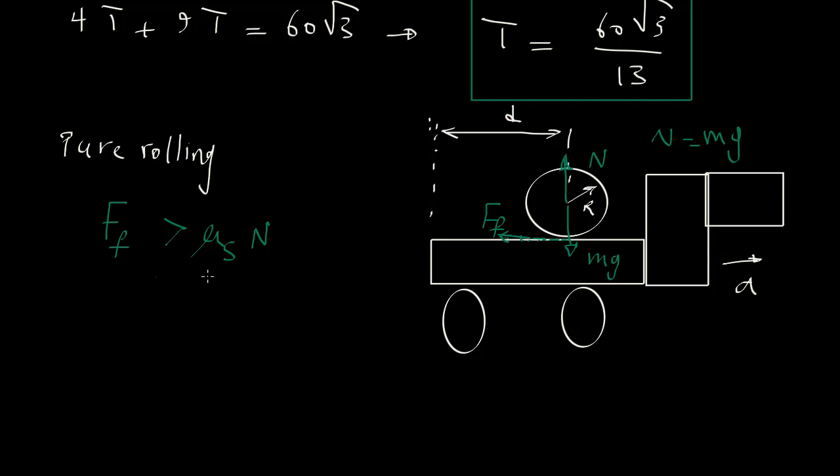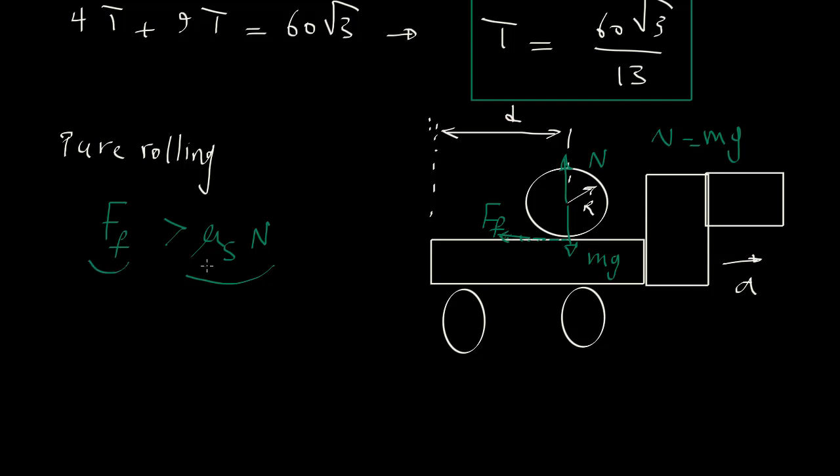And if the value of the friction force is larger than this, that means that we don't have pure rolling, and the disk is actually slipping while rotating on this surface. So this is a key parameter. This is how we figure out if we have pure rolling or not. We assume that we have pure rolling, we solve the problem, we find the value for F_f.